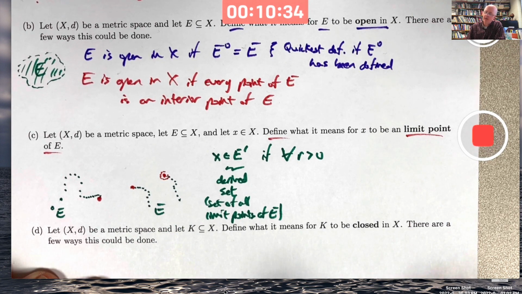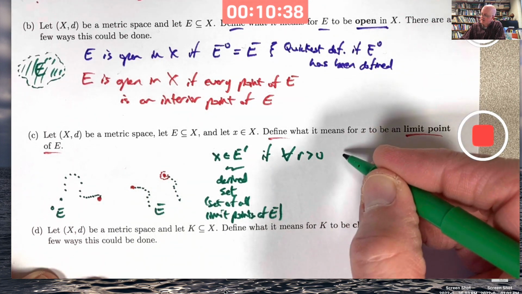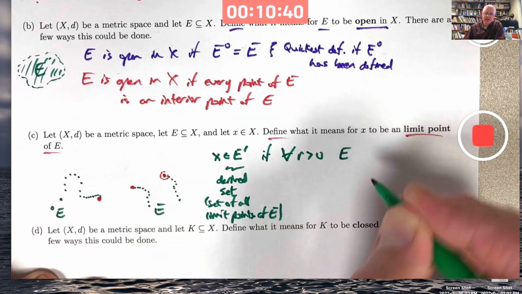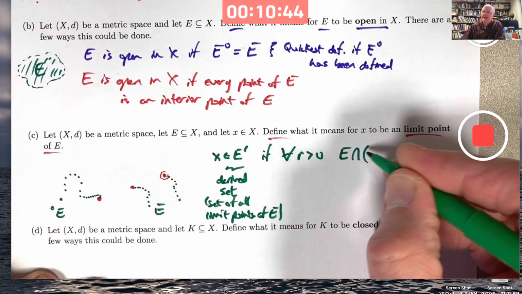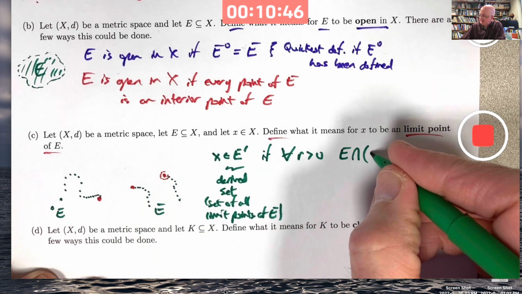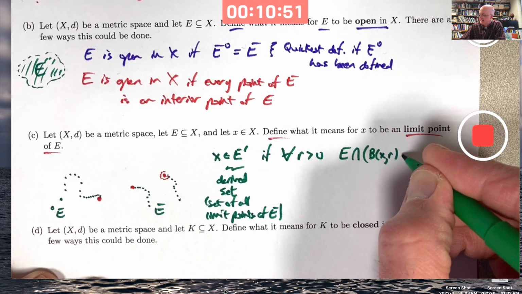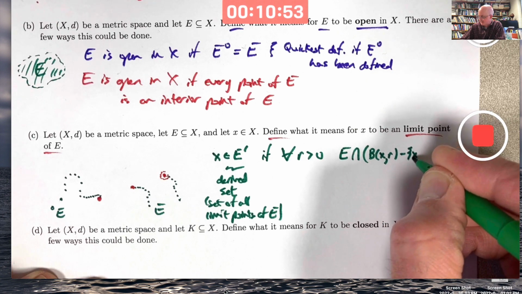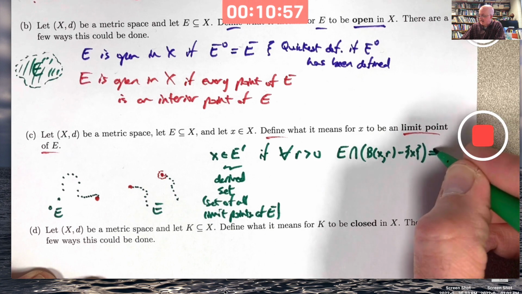That could be written more compactly as the intersection of E, there exists a point in E, with the open ball, take away X. So this is the open ball centered at X of radius R, take away the point X, the center of the open ball, if that is non-empty.